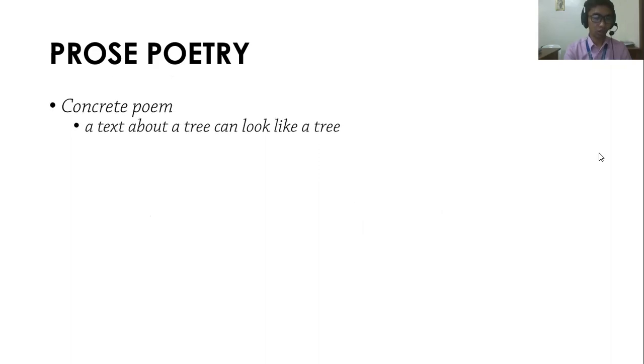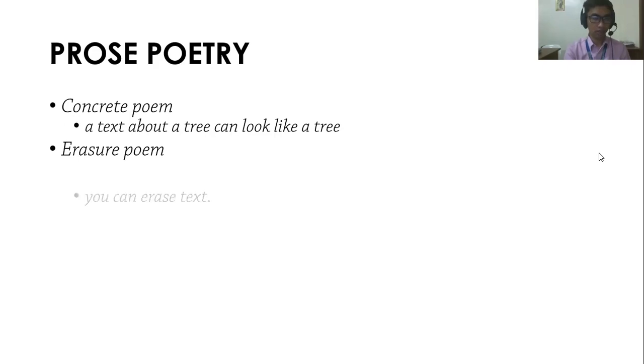In a concrete poem, a text about a tree can look like a tree. That's concrete because when you say concrete, it's the thing that you could see, the thing that you could touch. By the word or the text, you can already visualize that particular object being displayed or described. We have also the erasure poem. How do we do this?